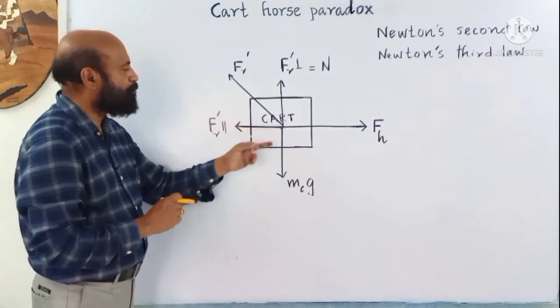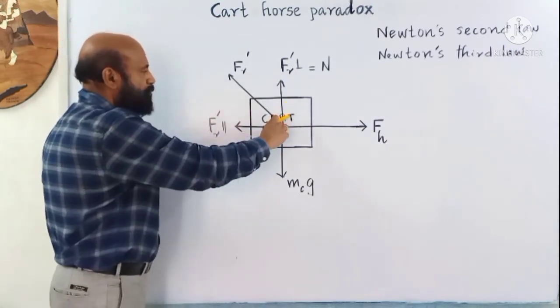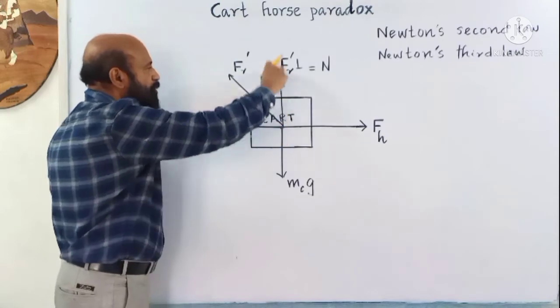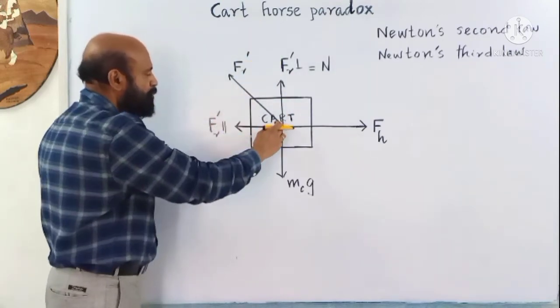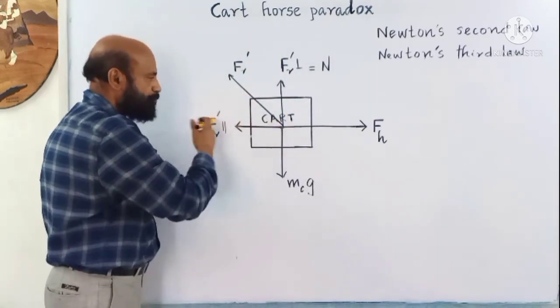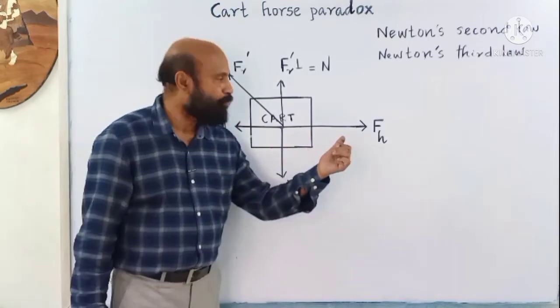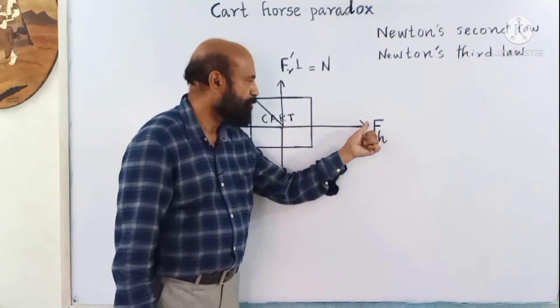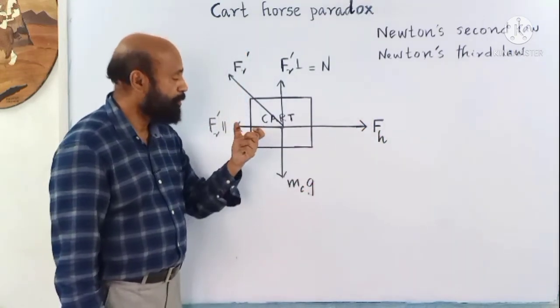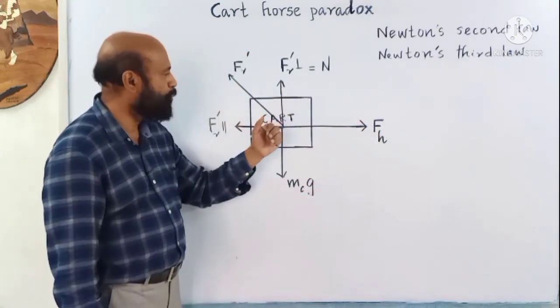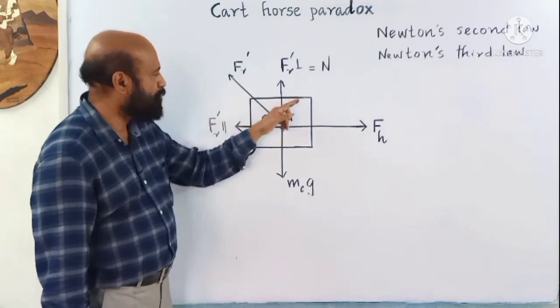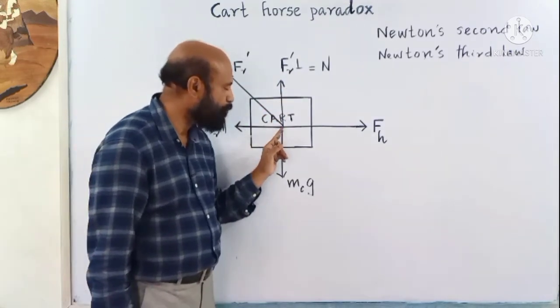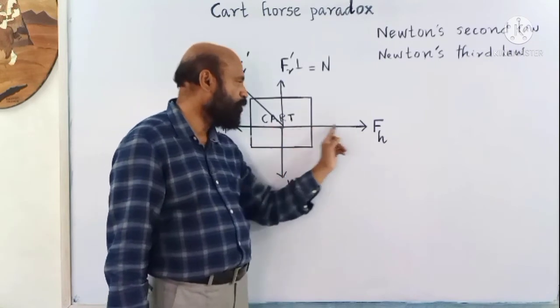Now we have to resolve this into two components. This is the perpendicular component and this is the parallel component. Now this is the force exerted by the hose on the cart. The force exerted by the hose on the rod is along this direction, but the force exerted by the hose on the cart is along this direction.